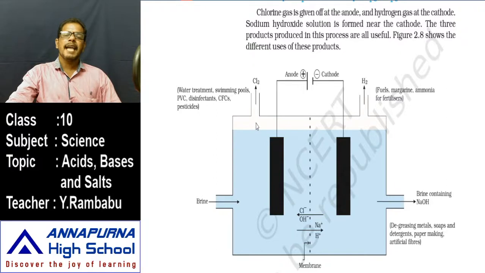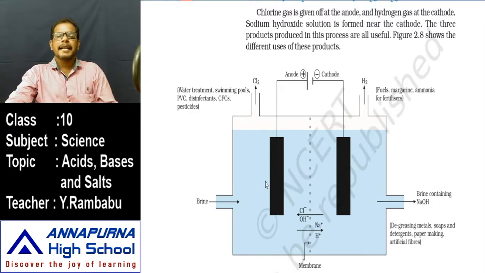Negative ions have excess electrons. When these Cl minus ions are attracted by the anode, the excess electrons are given to the anode. Then neutral Cl2 is produced and driven out from this channel.